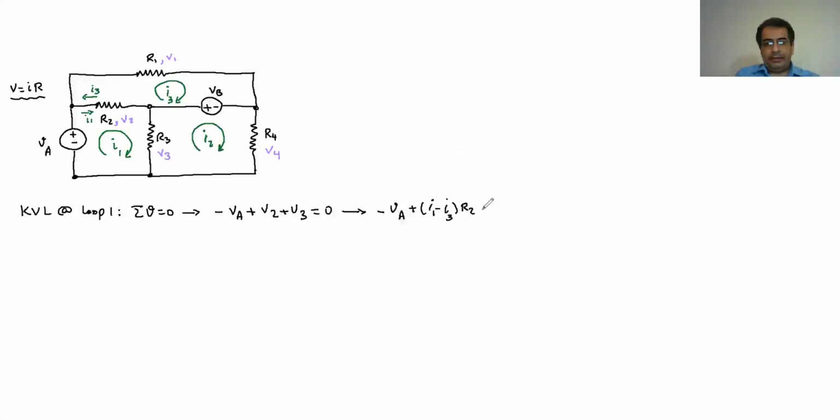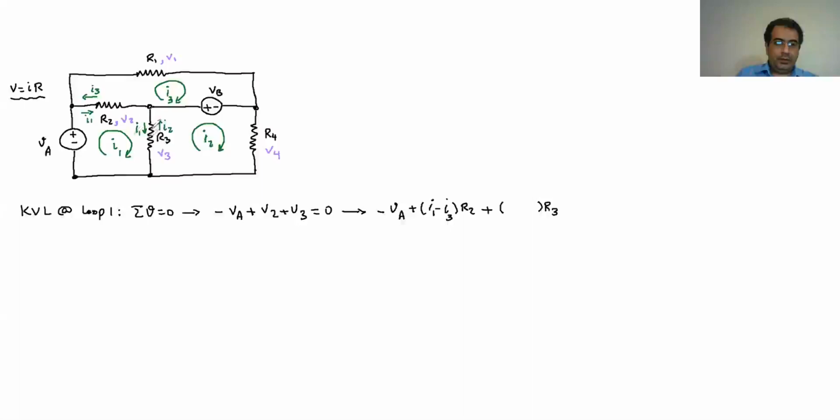Then again, it's going to be the voltage at R3, and based on Ohm's law, I know it's IR, so the R is going to be R3. Now I have to write the current that goes through R3. I know I1 goes this direction, and I2 goes up.